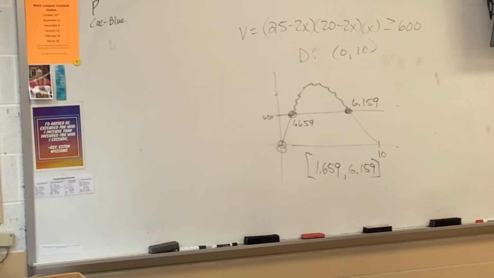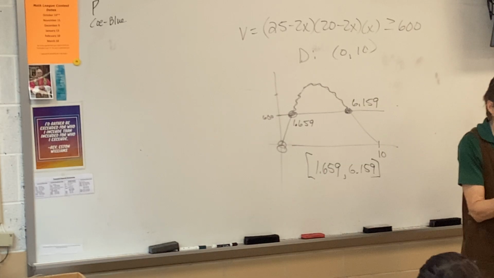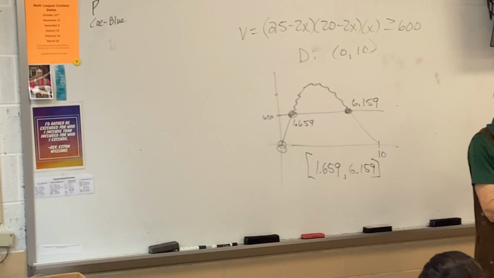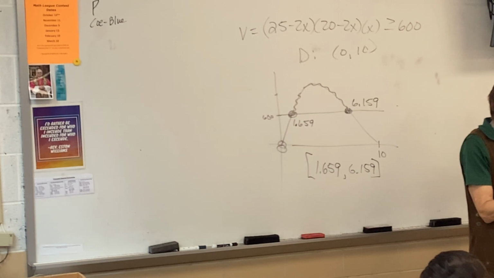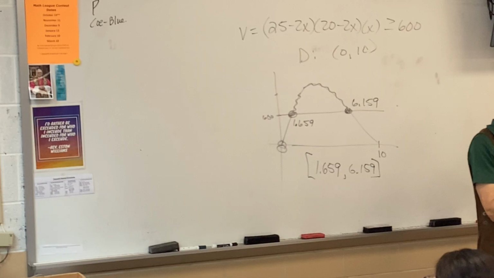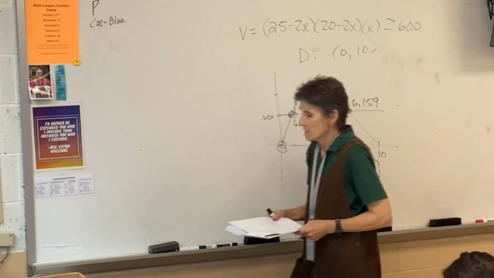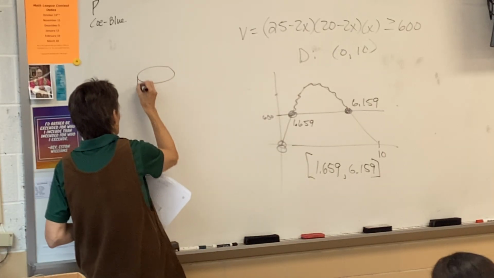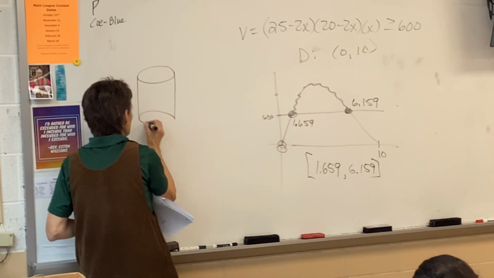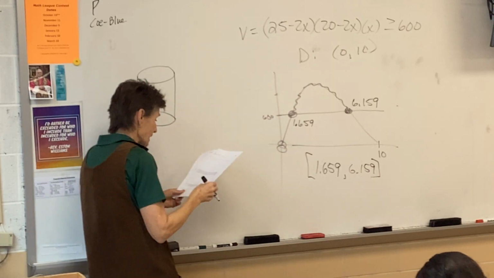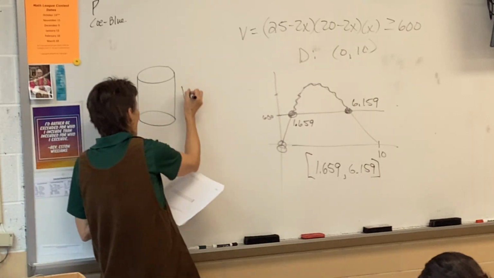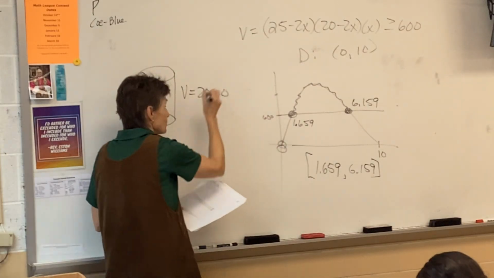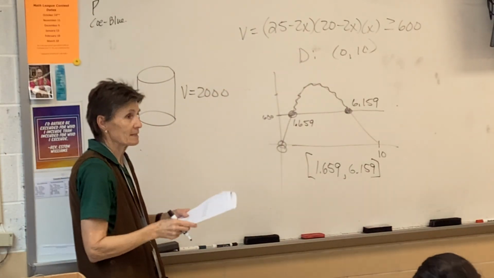Stuart Cannery will package tomato juice in 2-liter cylindrical cans. Find the radius and height of the cans if the cans have a surface area that is less than 1,000. Okay, so here's the deal. The company is making cans that have 2,000 cubic centimeters.